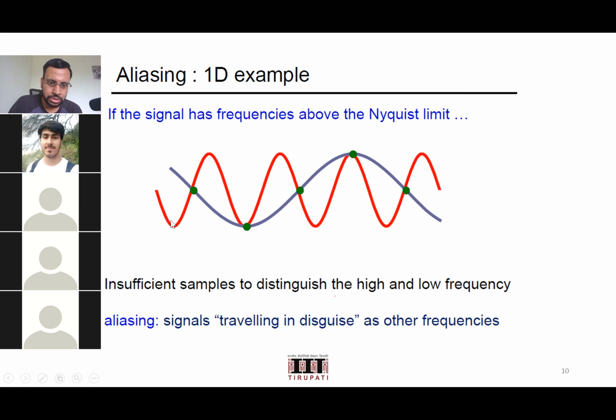Suppose you imagine this is one signal, and imagine there is another signal here. So how are these two related? Do you see some relation between these two signals? Assume that they expand on both sides with a similar nature.